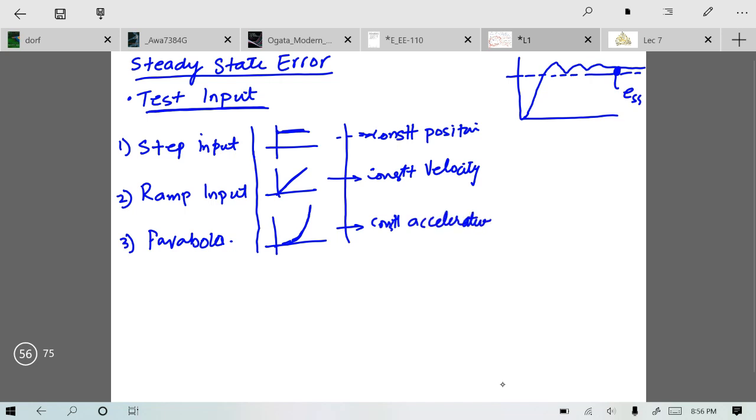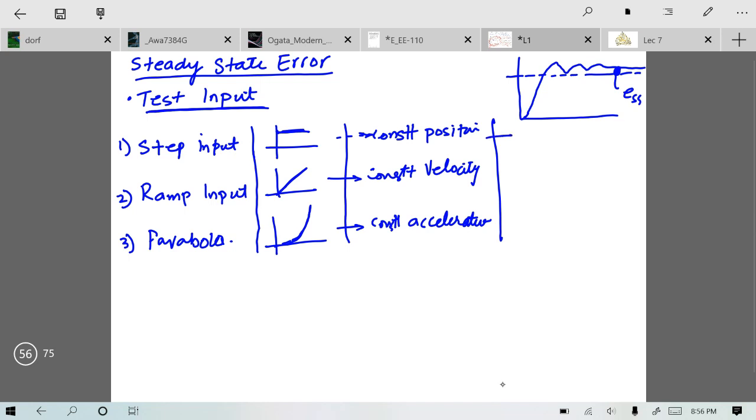So if a system involves constant position, you can use a step input as a test input. If it involves constant velocity, you can use a ramp input. Similarly, if it involves constant acceleration, you can use a parabola as your test input.